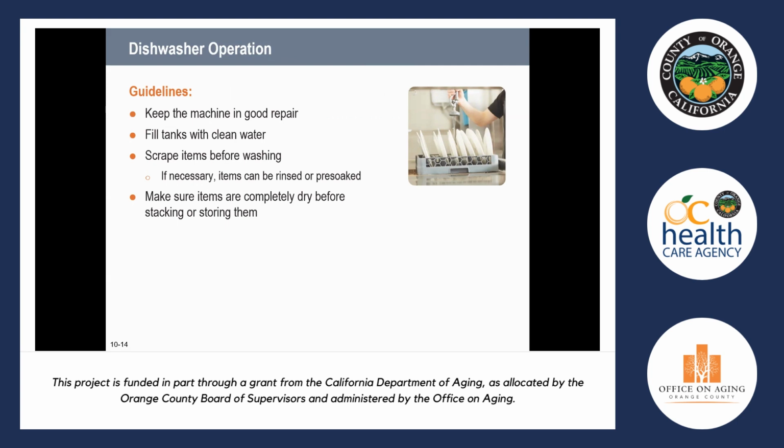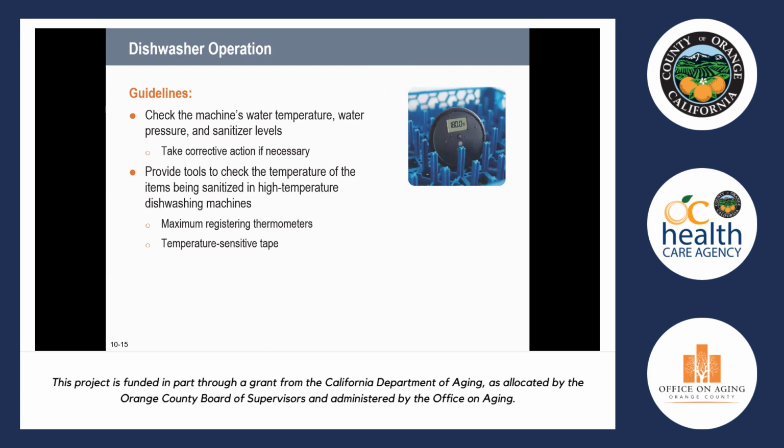Check water temperature, pressure and sanitizer levels. Take appropriate corrective action if necessary. Operations using high-temperature dishwashing machines must provide staff with an easy and quick way to measure the surface temperatures of items being sanitized.